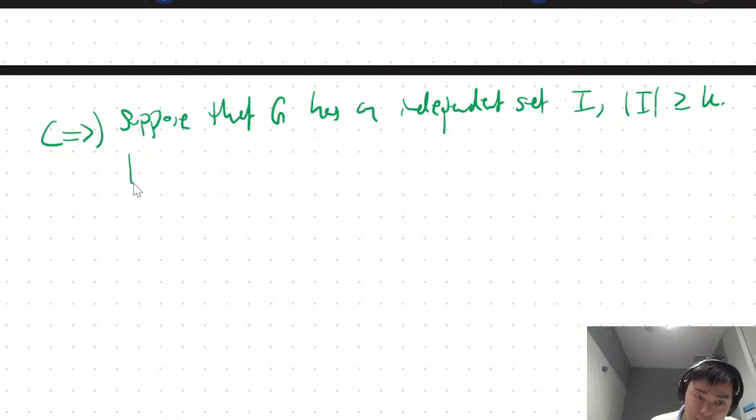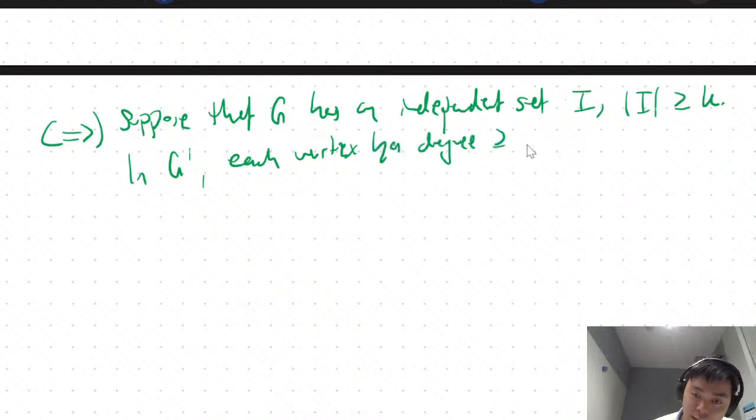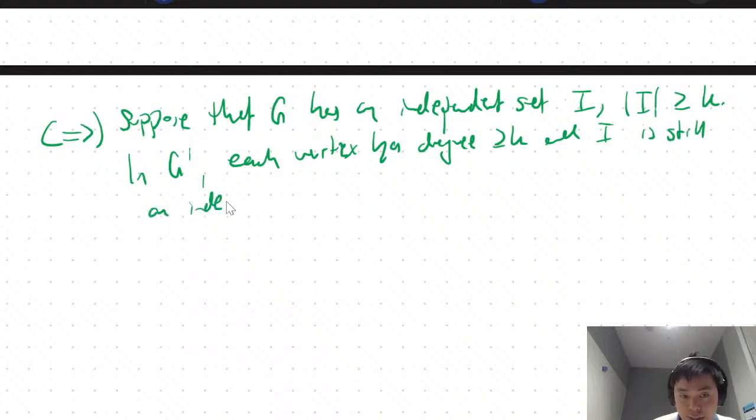Well, in G prime, each vertex has degree at least k. And the independent set of G is still going to be an independent set in G prime. And I is still an independent set in G prime. And we're done.